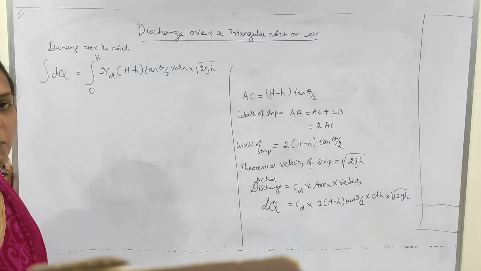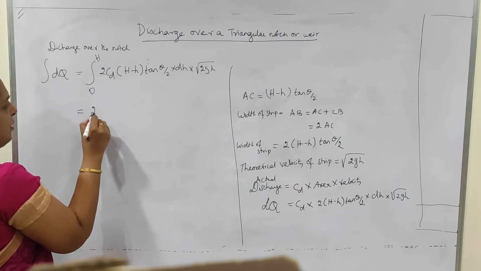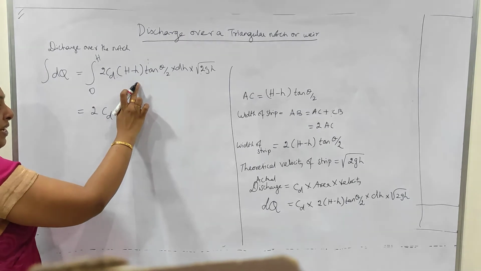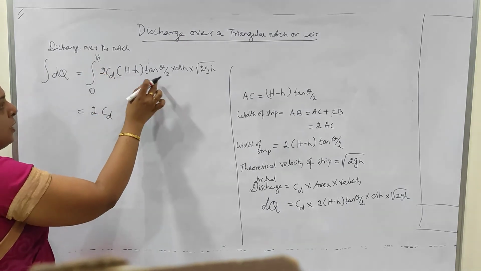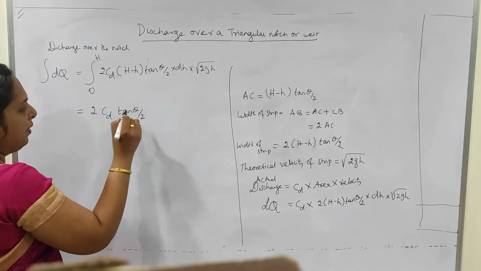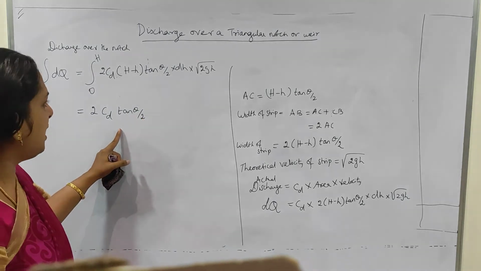Now I am going to bring everything outside which is constant. I am bringing 2 Cd, but I am integrating with respect to h, so I have to bring tan theta by 2 also outside. I am bringing 2 Cd tan theta by 2 outside.